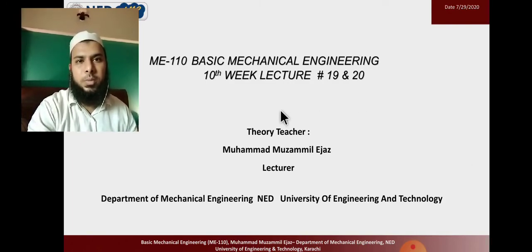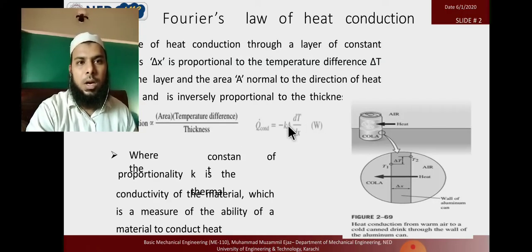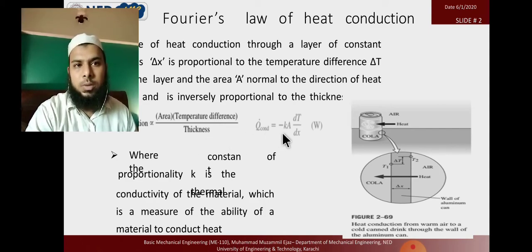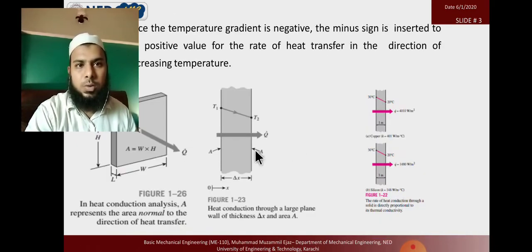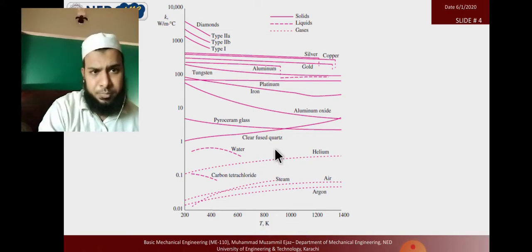So in the previous lecture, we started heat transfer and also learned the Fourier law of heat conduction. This formula: Q dot is equal to minus kA dT upon dx. We also learned how the conduction properties change in different phases of the substance: gases, liquids, and solids, with respect to temperature.